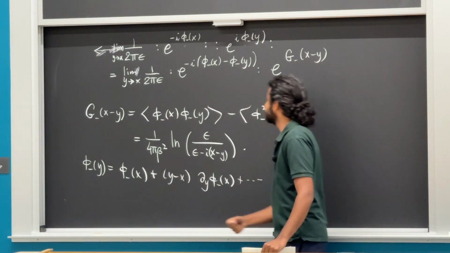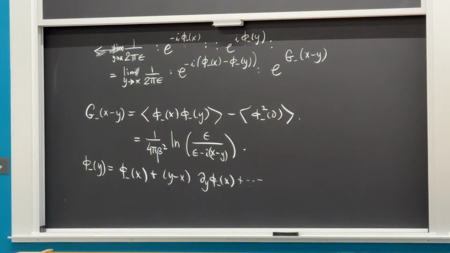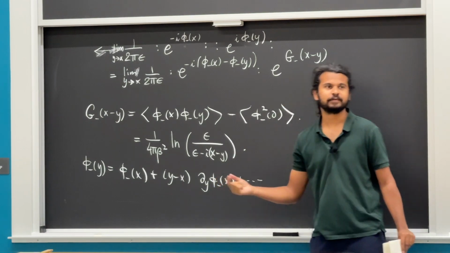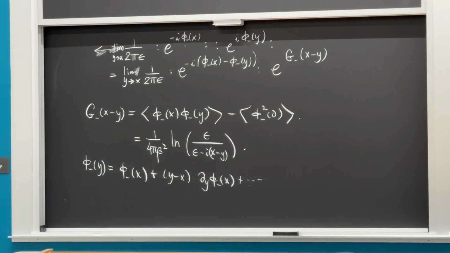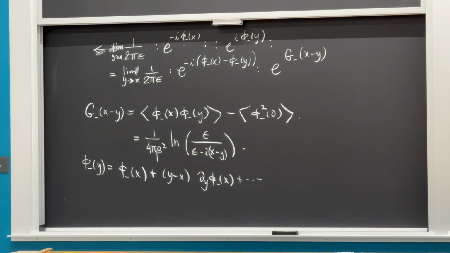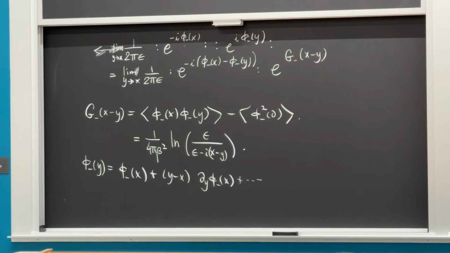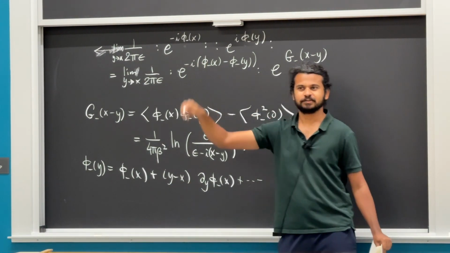We have this term, and since y minus x is small, we'll expand the exponent also to linear order. So e to the i (phi minus at x minus phi minus at y) is approximately 1 minus i (x minus y) d_x phi minus at x. I changed it to x because there is the limit and so on.